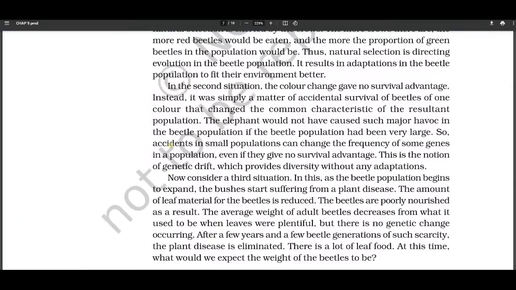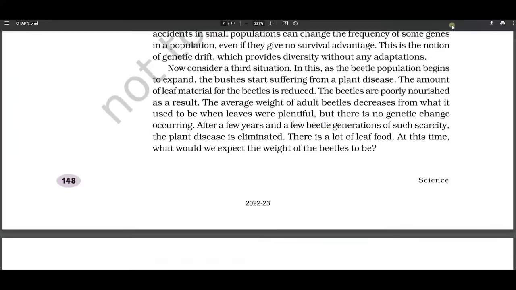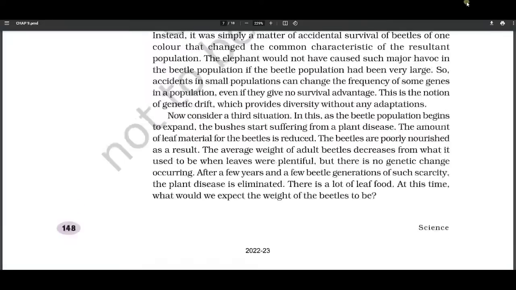The formation of new species from the pre-existing species is called speciation. The main reasons for speciation are genetic drift, natural selection, change in the number of DNA, change in DNA, and geographical isolation.